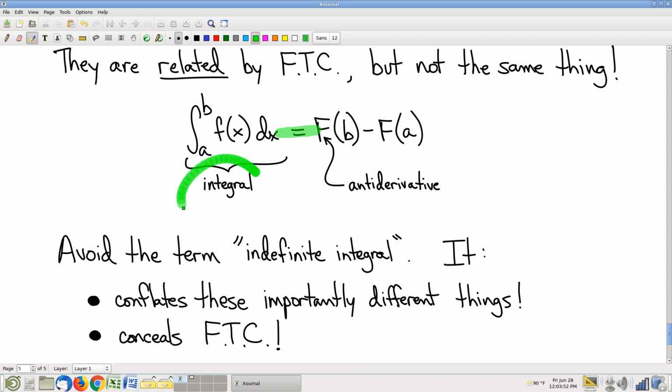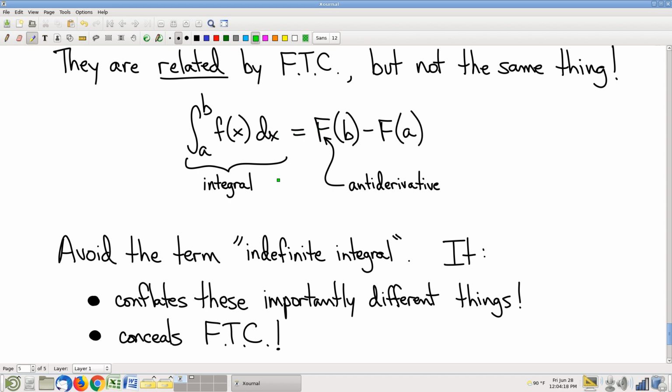That Riemann sums can be computed with a formula that involves something that doesn't look at all like Riemann sums. It's computed with something that's defined ultimately in terms of derivatives. Two very different ideas, two very different definitions that are connected. That's the amazing thing about the fundamental theorem of calculus.